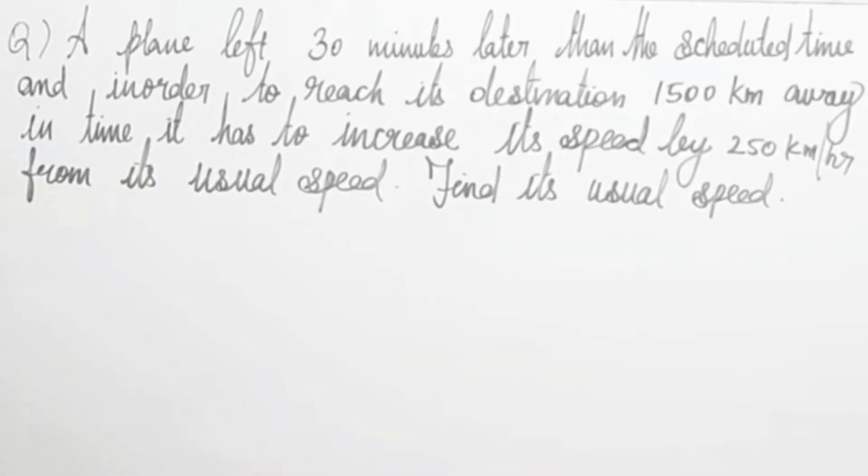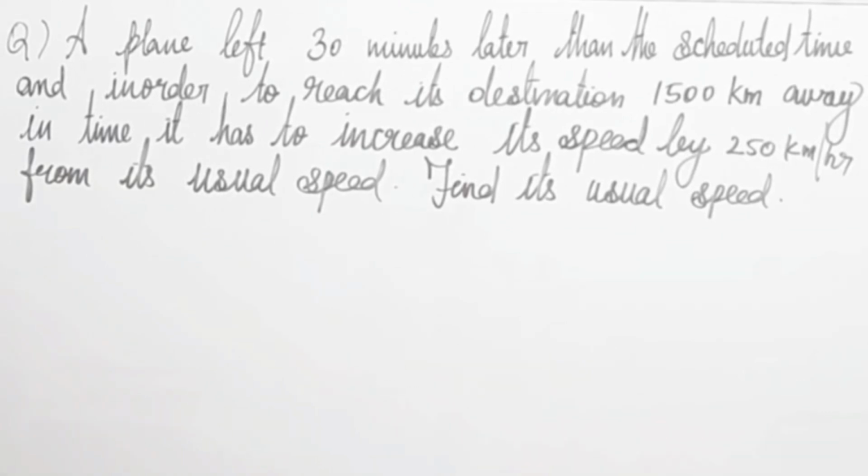Children, a plane left 30 minutes later than the scheduled time, and in order to reach its destination 1500 km away in time, it has to increase its speed by 250 km per hour from its usual speed. Find its usual speed.